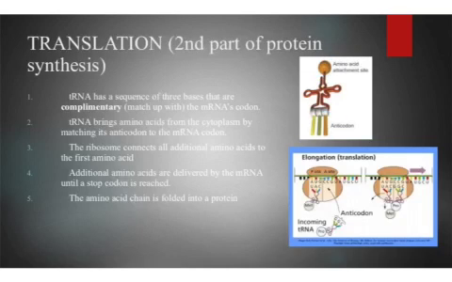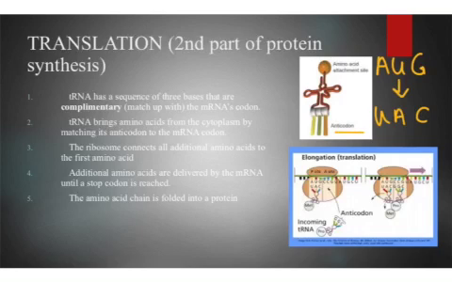So we learned about how, if the codon on mRNA was AUG, then the codon for tRNA would be UAC, the anticodon. tRNA is going to bring the amino acid from the cytoplasm by matching its anticodon, this guy here, with its codon on the mRNA, these here.